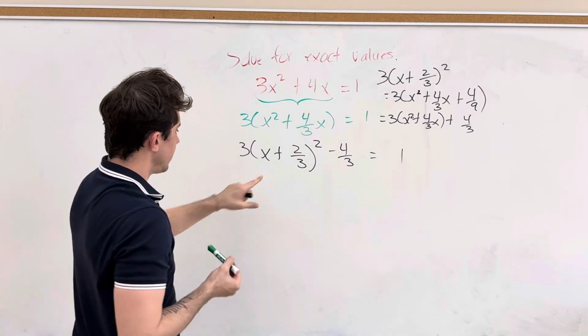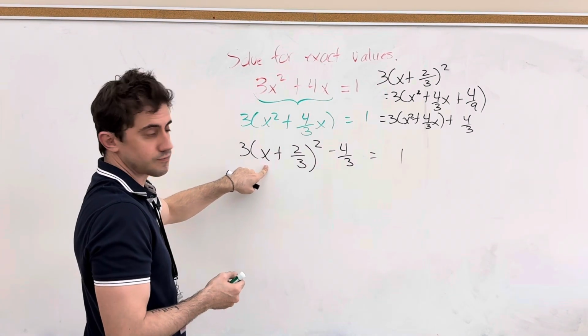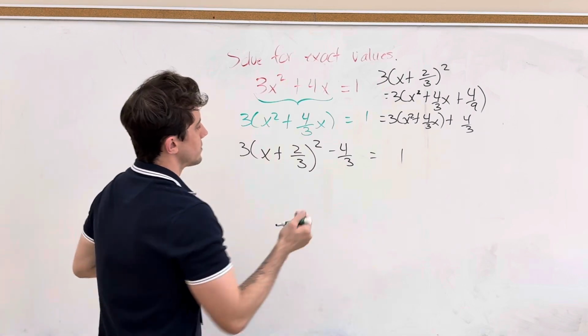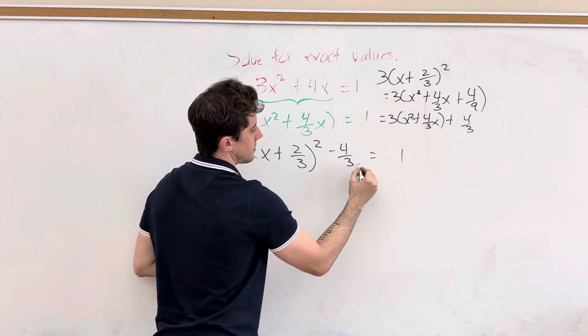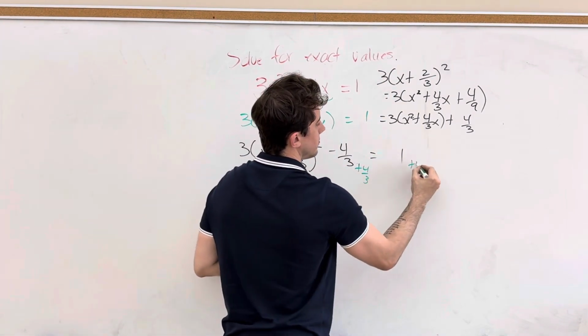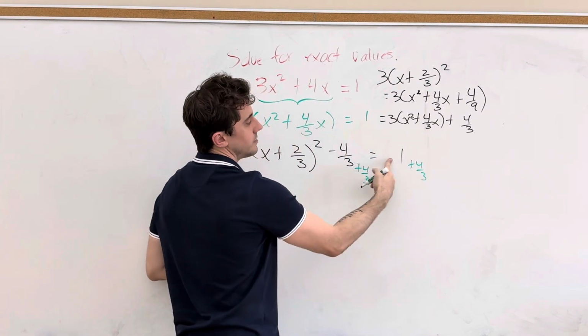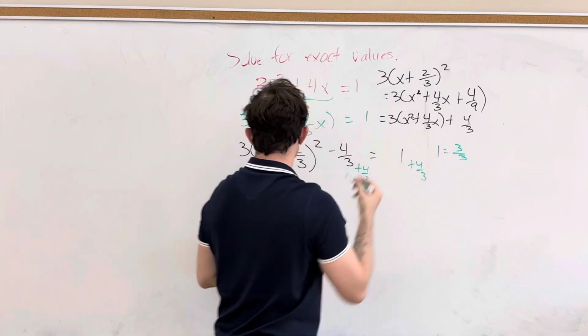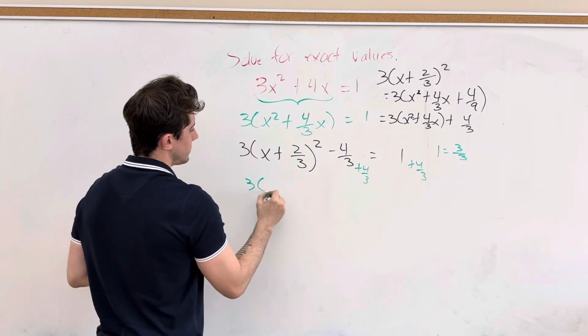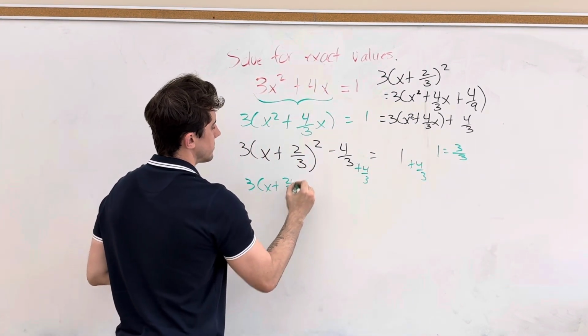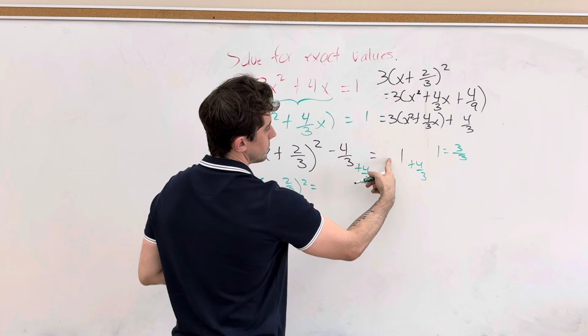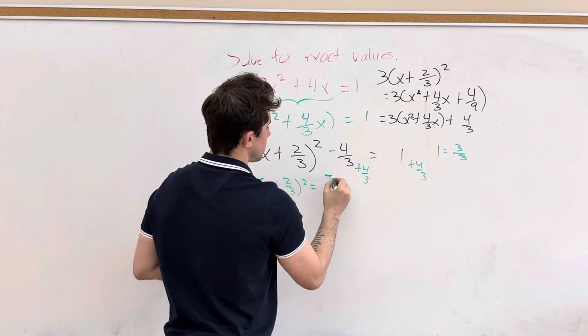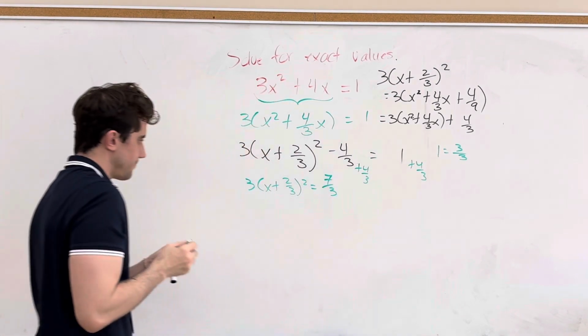Now we're going to want to isolate the x in the end. And so let's move this to the other side, add 4/3, add 4/3. I'll remind you to get a common denominator, that 1 whole is the same as 3/3, of course. And so we get 3 times x plus 2/3 all squared would be equal to 3/3 plus 4/3, meaning 7/3.